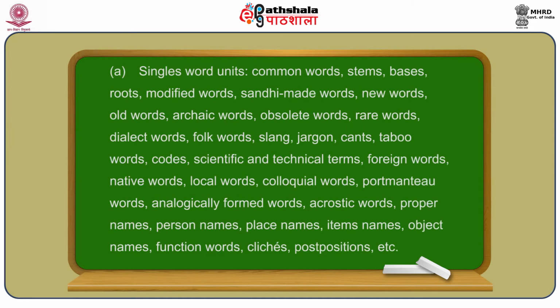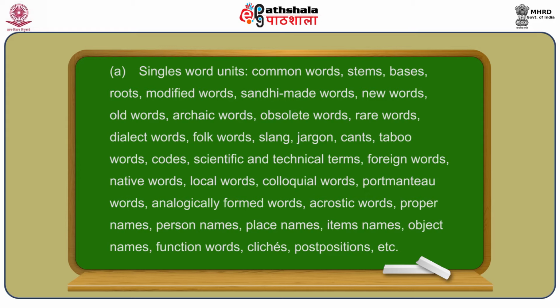In the class of single word units, you can have all types of words: common words, stems, bases, roots, multiple words, sandhi words, foreign words, native words, local words, colloquial words, portmanteau words, taboo words, canned, jargon, and many other types.